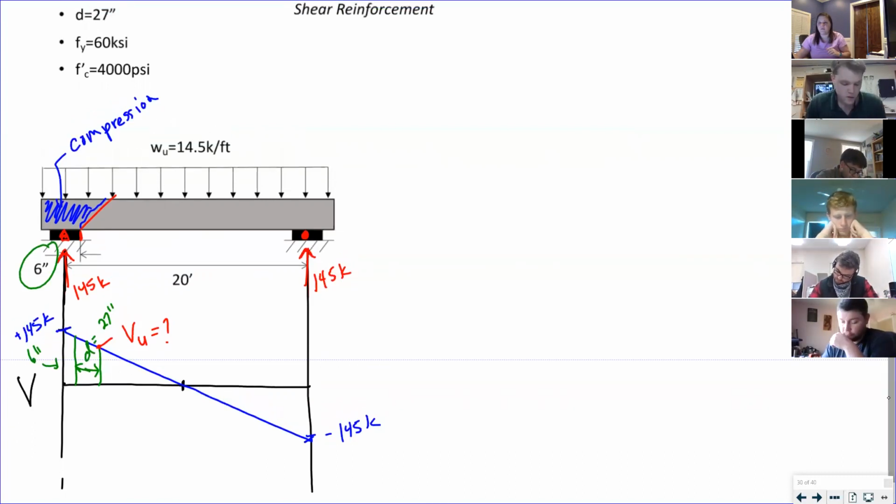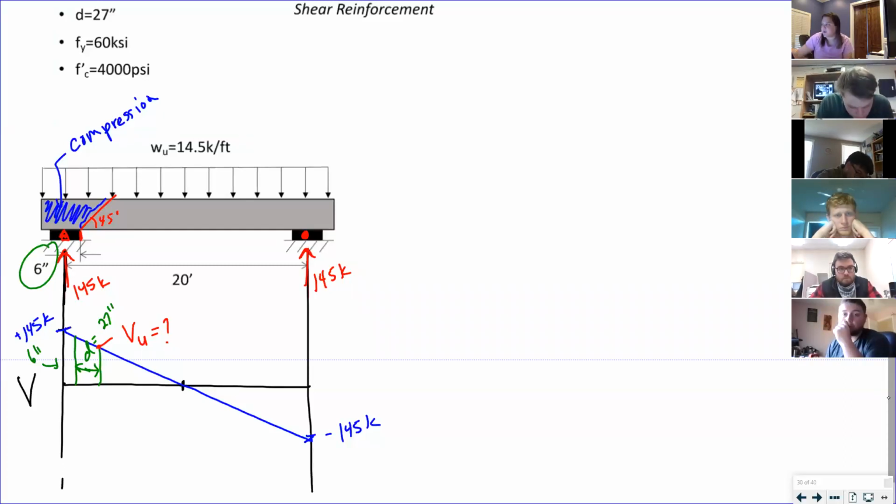Yeah. We're good. This is coming out at a 45-degree angle. So everything from the face of the support at a 45-degree angle is in compression, and you don't have to design for the shear.